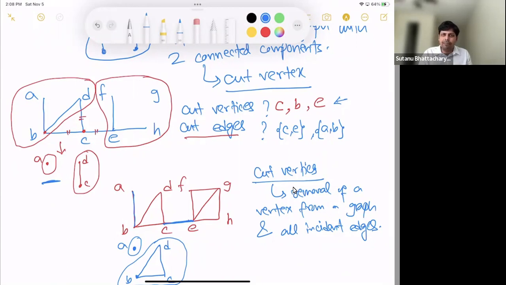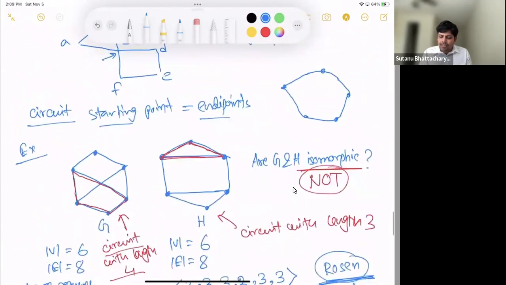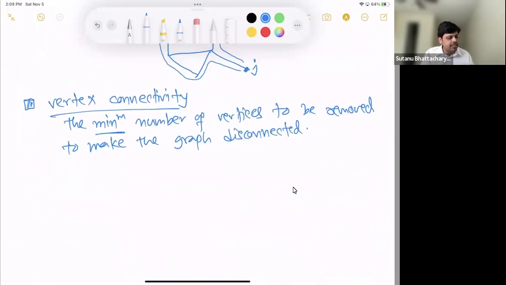So for this graph, the vertex connectivity is 1. Similarly, in this one, if you delete only one vertex like C, then the graph will be disconnected. So vertex connectivity is 1. But if you think of another graph, suppose this one, let's draw it.